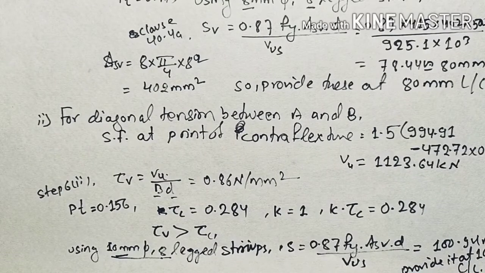Now we need to apply the one-way shear for column A. So let's provide it, which will be our final step.